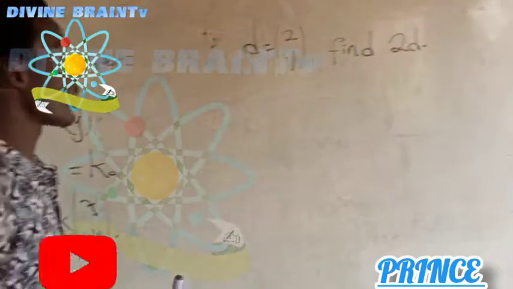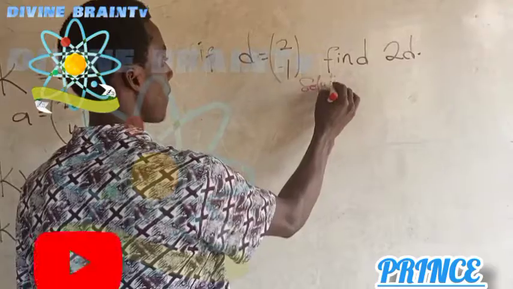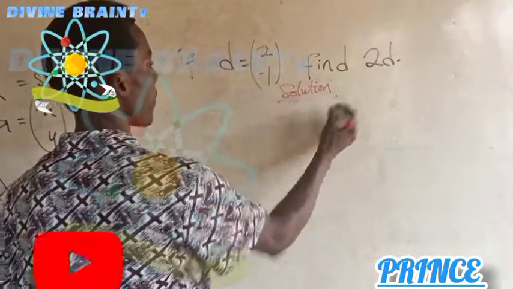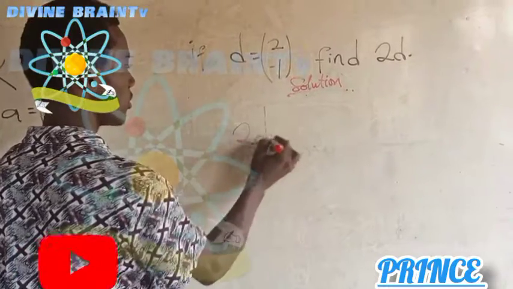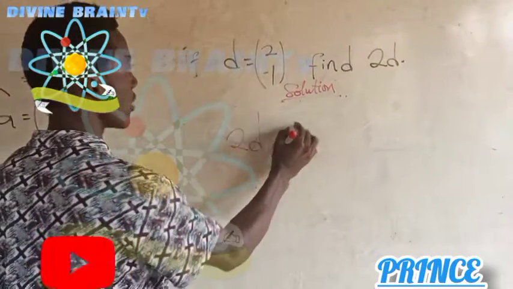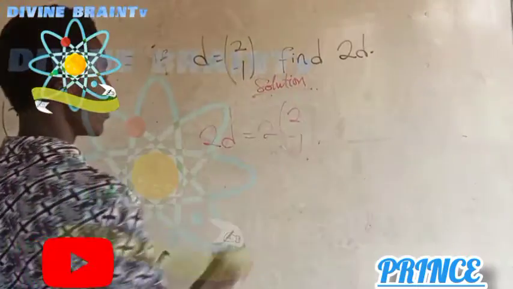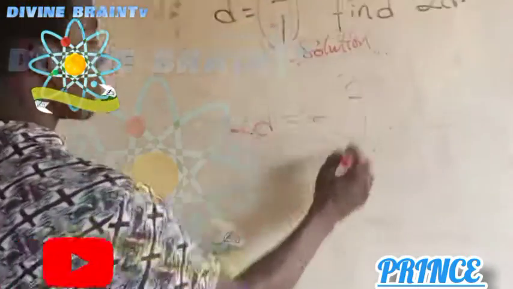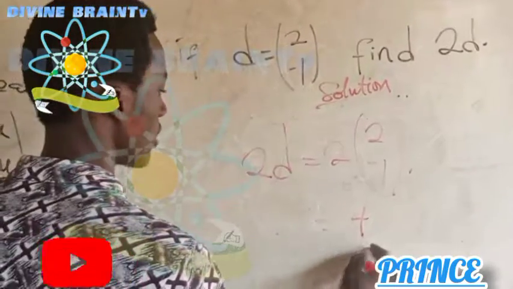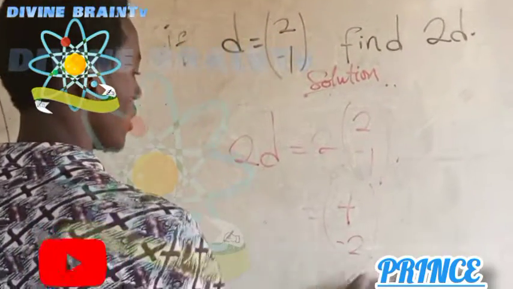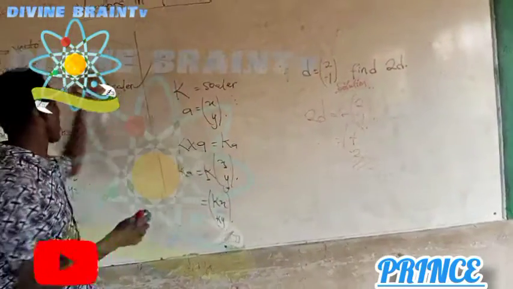This is how we go about it. You write a solution. Good. So we just multiply by this 2. We multiply 2 by 2, get 4. 2 by minus 1, get minus 2. So guys, it's very simple. This is all about that.